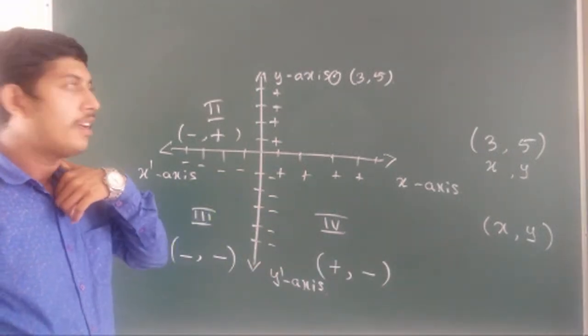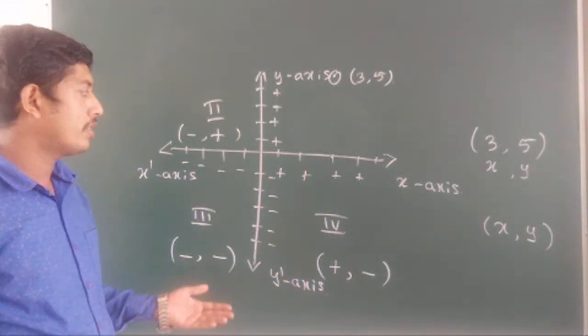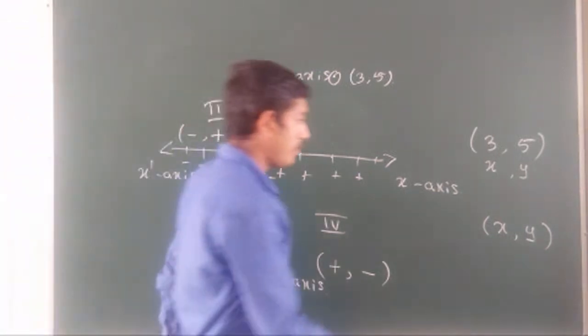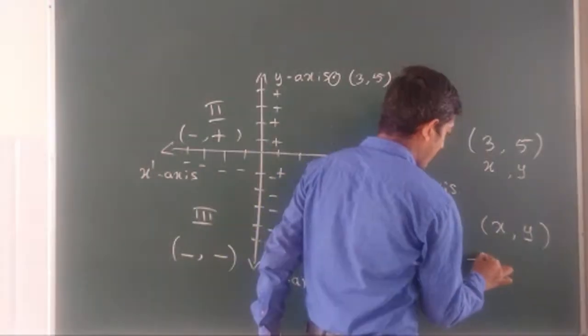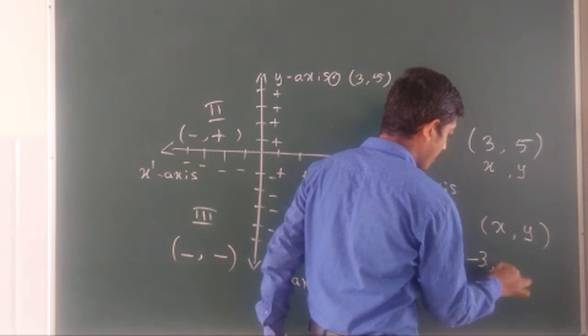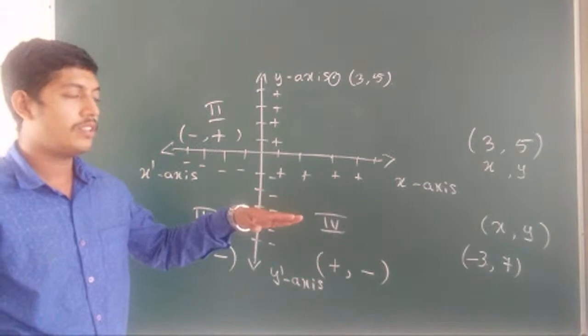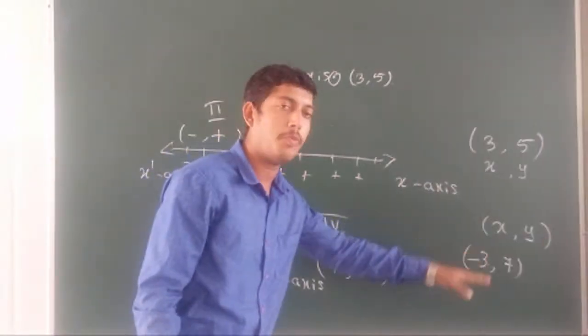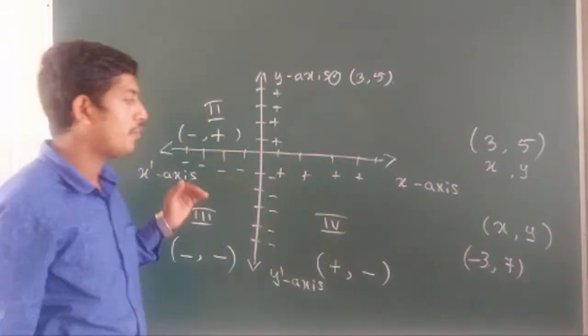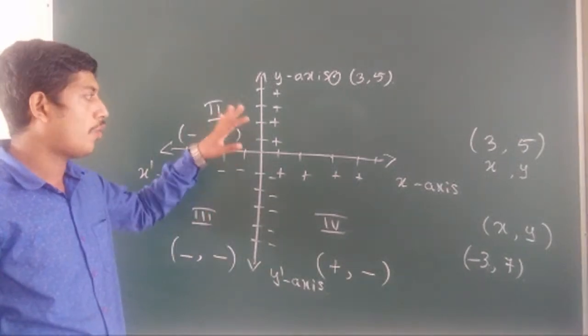Now for example, another point is given, which is minus 3 comma 7. Now comment and tell me, this point, minus 3 comma 7, is present in which quadrant?